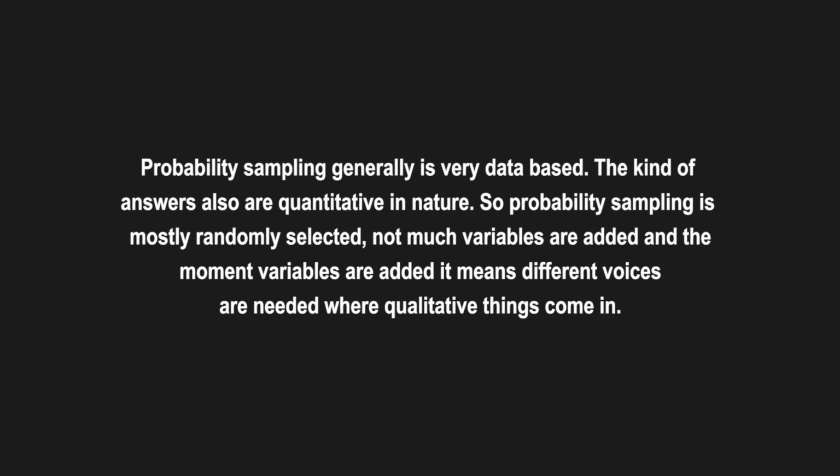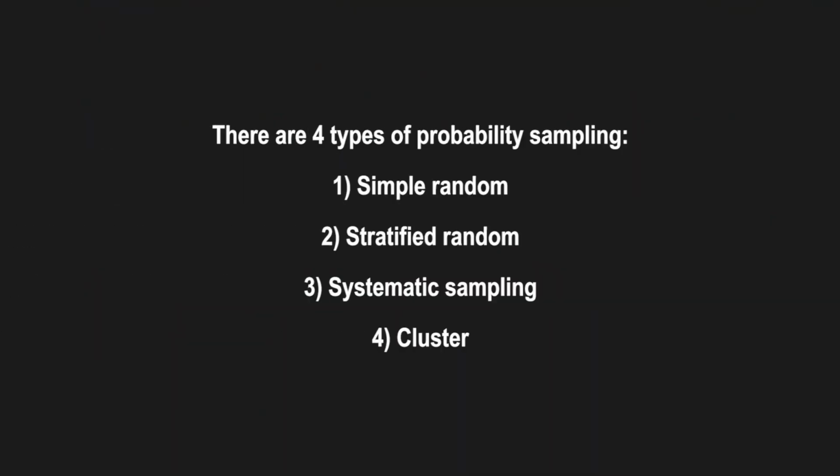The moment many variables are added, that means you also want different voices, where a little qualitative thing also comes in. More specifically, each sample from a population of interest has a known probability of being selected. That means anybody can be selected. Everybody has an equal chance of being selected. There are 4 types of probability sampling: simple random, stratified random sampling, systematic sampling, and cluster.